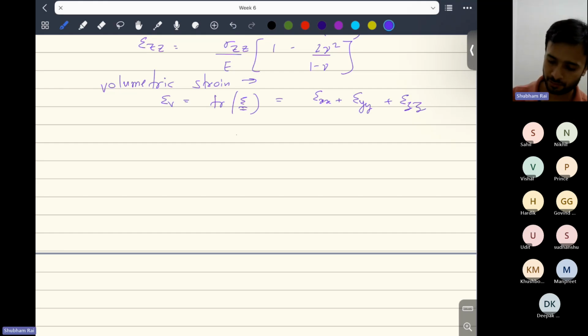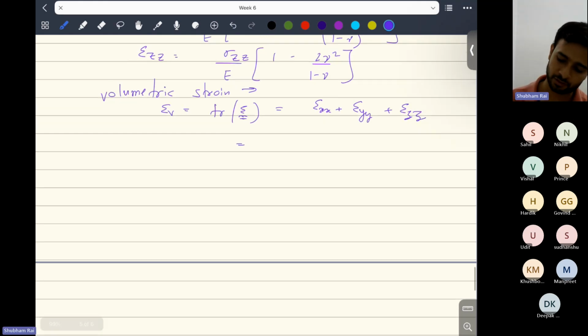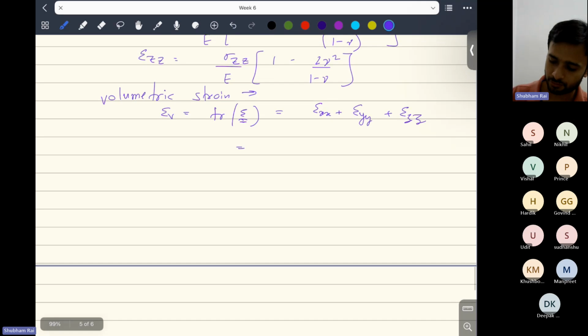Okay, so I'm going to substitute epsilon xx and yy are 0, epsilon zz is given above, so epsilon zz is 1 minus 2 mu square over 1 minus mu times sigma zz over 2. And you can substitute the value of sigma zz.